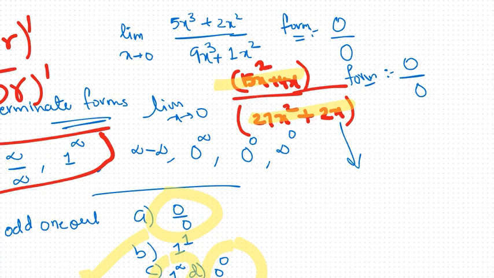Treat it as the main question. 0 by 0 form means numerator derivative upon denominator derivative. We have to deal with them individually again. 30x plus 4, upon 22.